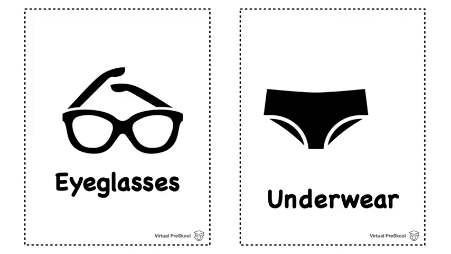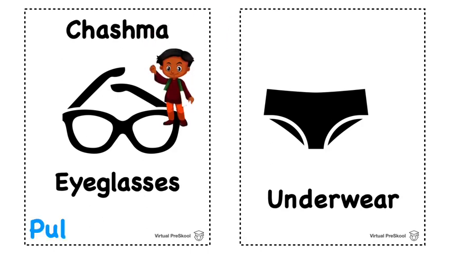Now let's look at another example. Again, eyeglasses are called chashma. And the word chashma ends with an A sound. So chashma are pull or stri? Pull, right? Now, what about the word underwear? Underwear in Hindi are called chaddi. And that word ends in an E sound. So are chaddi pull or stri?